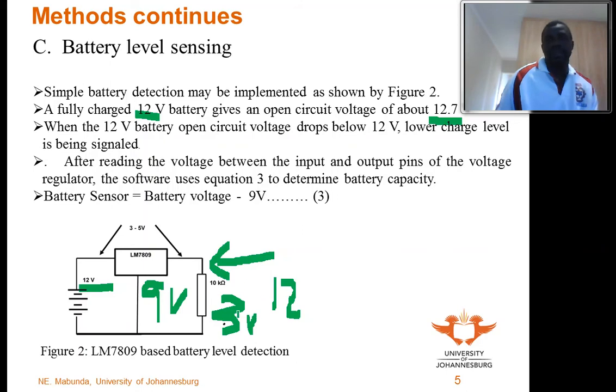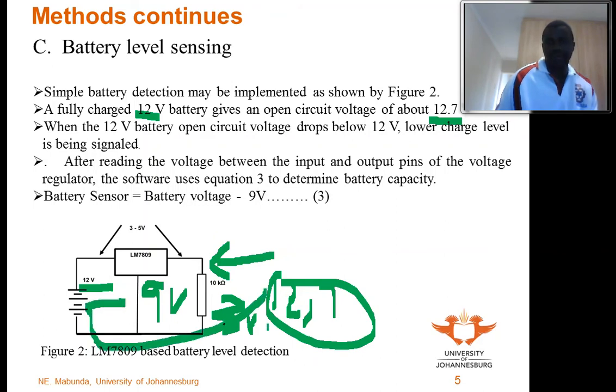So 3 volts will indicate low battery. Now, if we have a fully charged battery, this rises to 12.7. The difference between the battery with 12.7 and 9 volts will give you 3.7. So 3.7 as read by software will indicate a fully charged battery. We can work out any intermediate values using tables which were done by previous researchers. So that's how the battery level is detected.